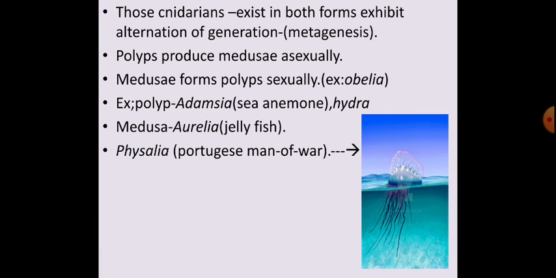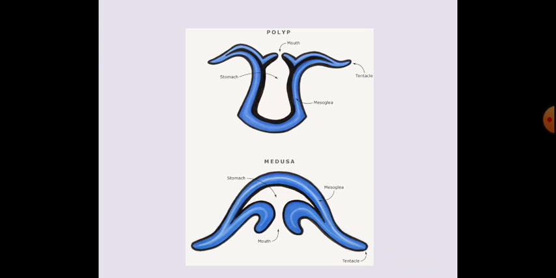Then, since the cnidarians exhibit two forms, they show alternation of generation. Which are the forms? One is polyp, which is cylindrical in shape. The second one is medusa, which is umbrella shape.